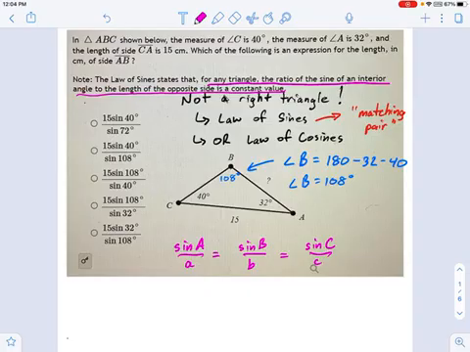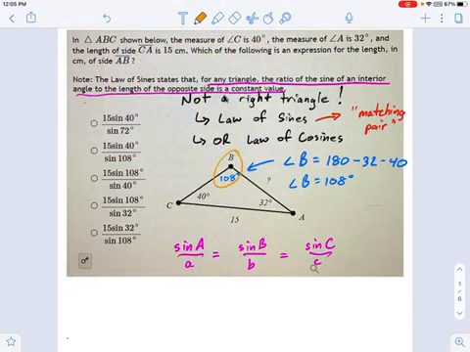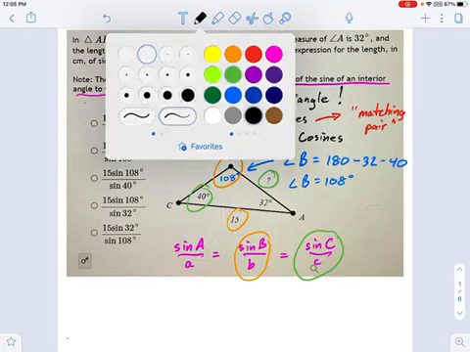So we're now going to use this to solve our triangle right here. Well, let's talk about the things I know. I know angle B, and I know side B. So I know I'm going to want to use this portion of the formula. And what do I want? I want side C, and I have angle C. So I'm going to focus on this portion of the formula over here. Let's write it all out.